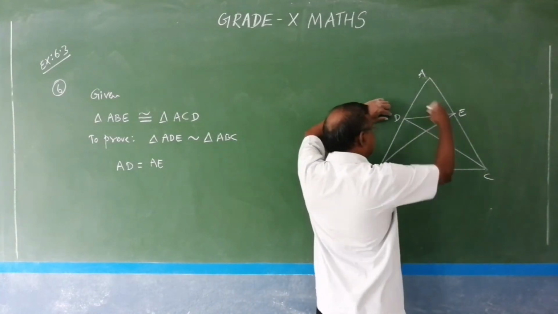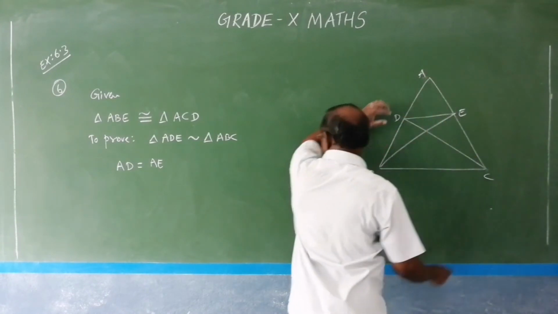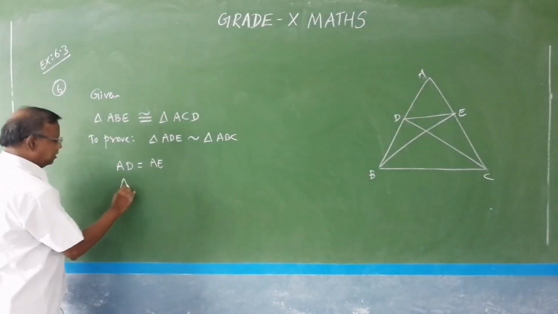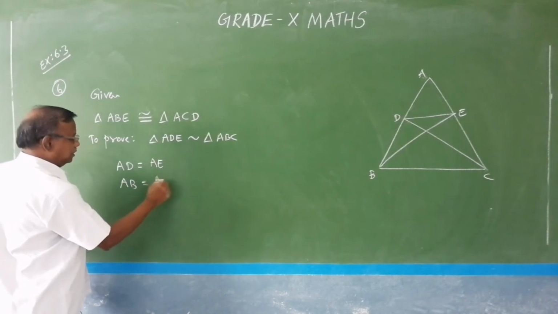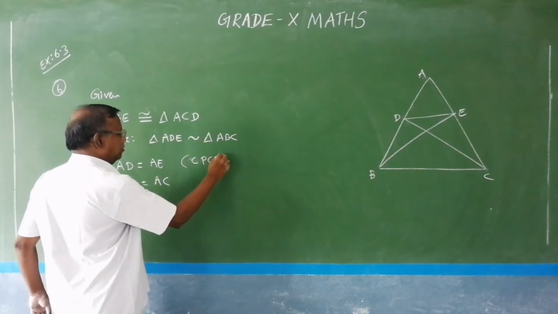Again, in triangles ACD and ABE, AB is also equal to AC, both by CPCT.